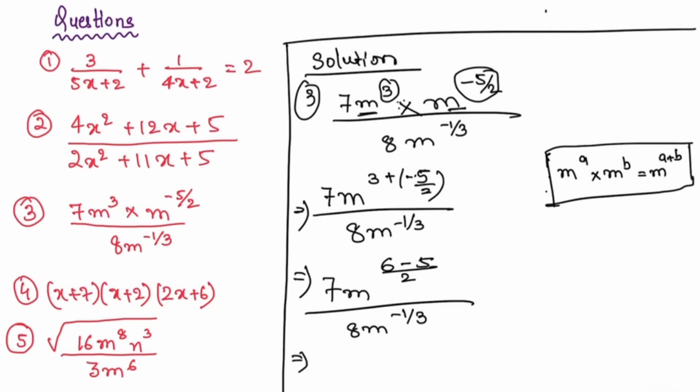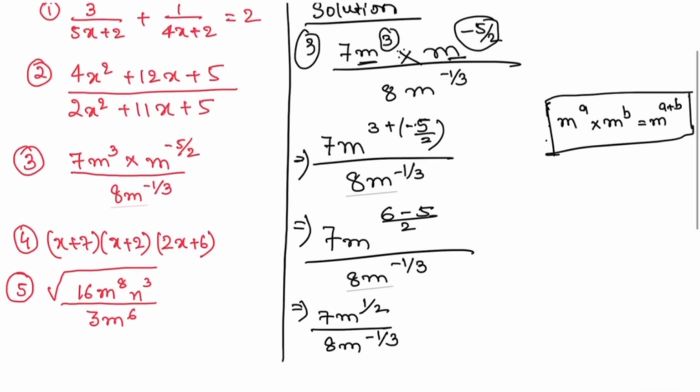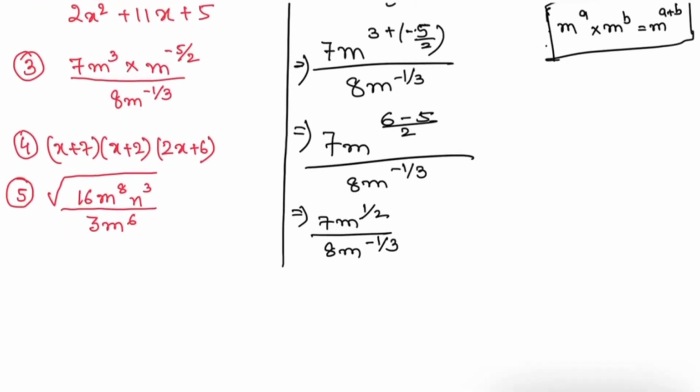Again, 7m to the power of 1 over 2, over 8m to the power of minus 1 over 3. Okay, now from here one more formula comes: m to the power a over m to the power b is equal to m to the power a minus b.